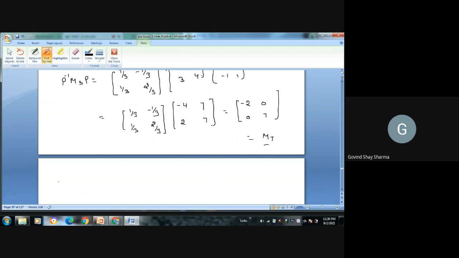So you can say that MT is equal to PT MS PS minus.